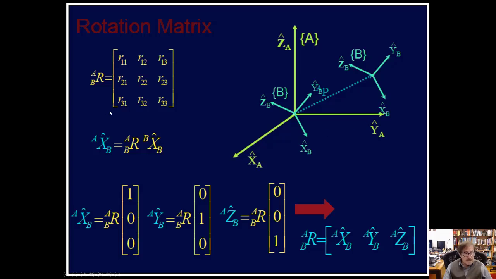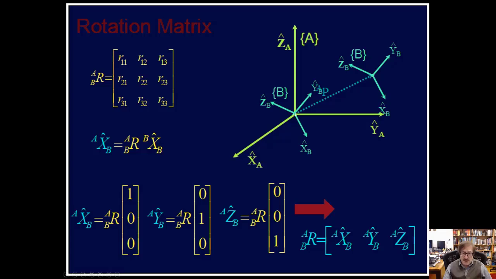Now, if you look at, for instance, how much XB rotated with respect to the A frame, we need to find the projections of XB with respect to the A frame.